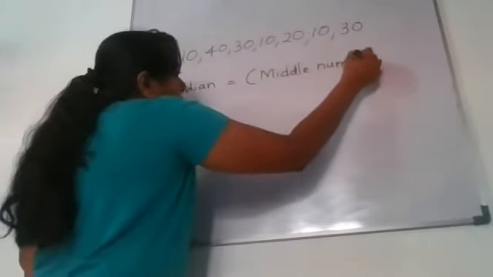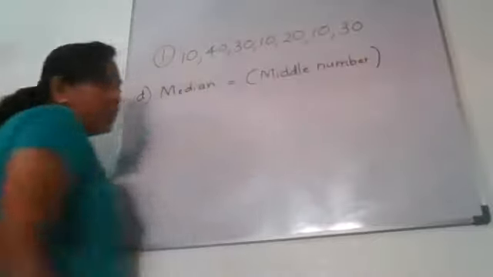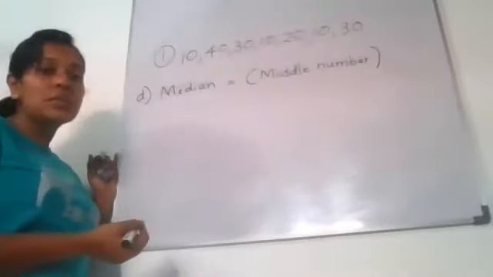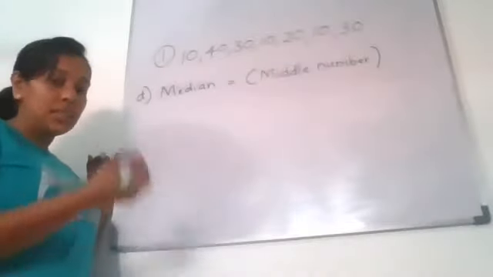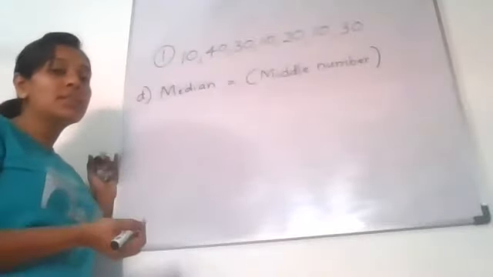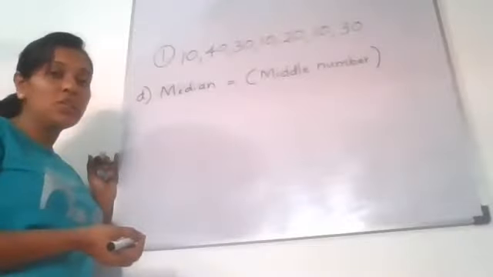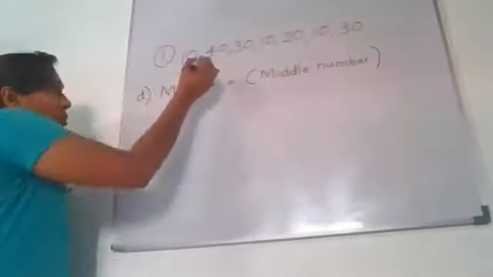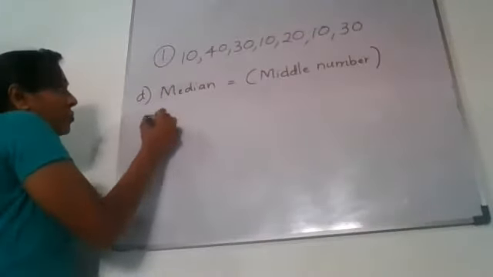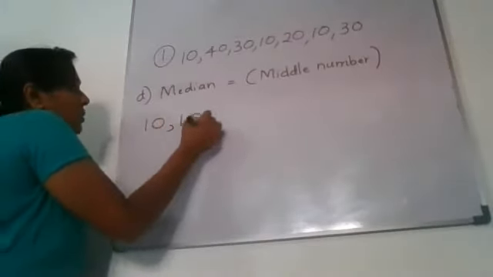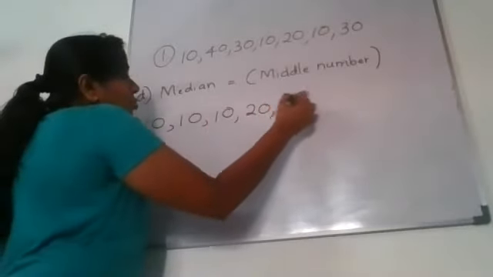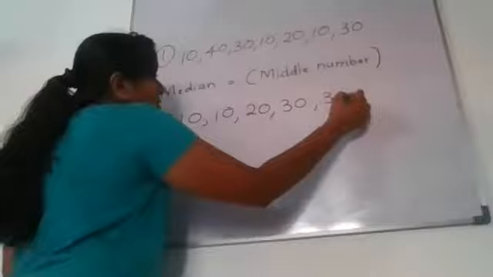So before we find the middle number, you have to do one thing. You have to arrange these numbers either in ascending order or in descending order. So normally we arrange in ascending order, small to big. Right now I'm going to arrange. I have three 10s. Then I have one 20, two 30s, and one 40.